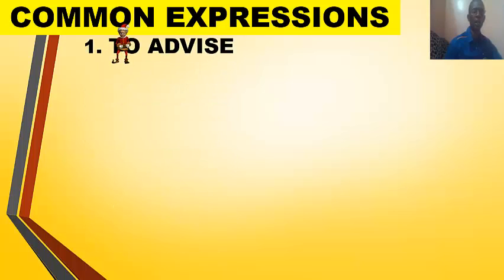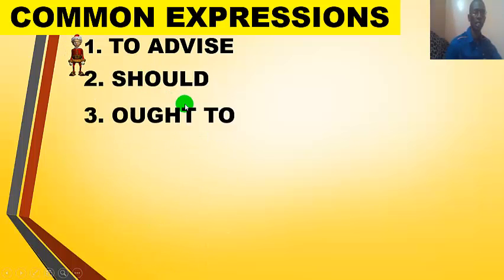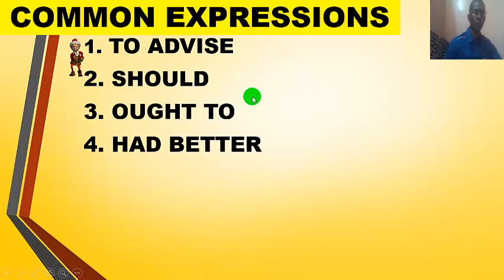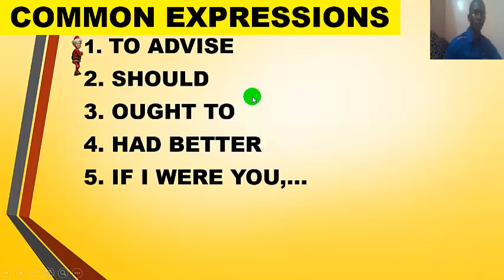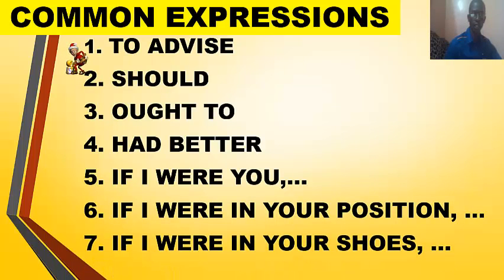The first one is the verb to advise, le verbe conseiller. The second one is should. The third one is ought to. Number 4, had better. Number 5, if I were you. Number 6, if I were in your position.